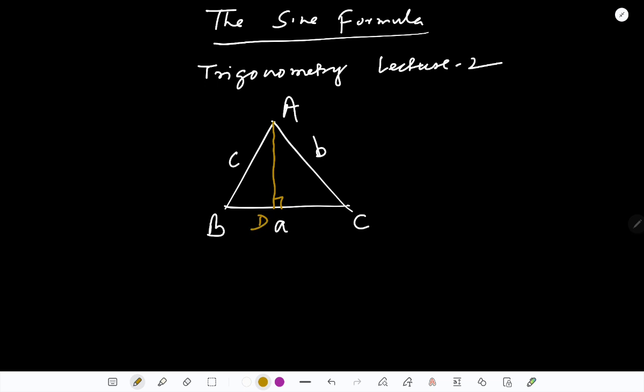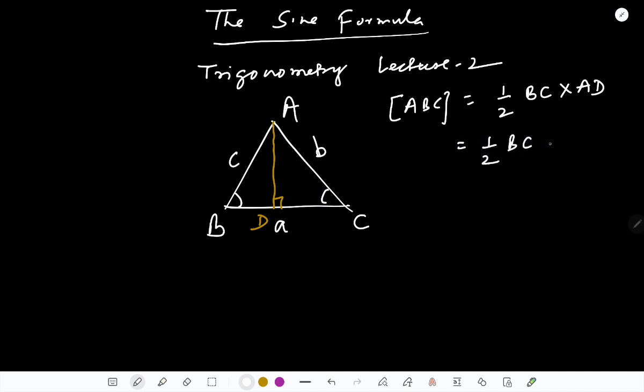And then you can write the area of triangle ABC, and that will be equal to simply half multiplied by base, that is BC, and multiplied by the height of the triangle, that is of course AD. So this is the area, but you can write this in two manners.